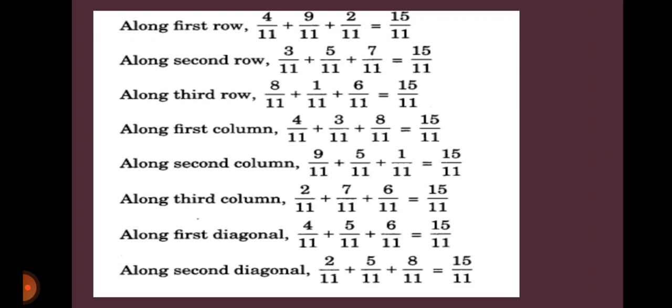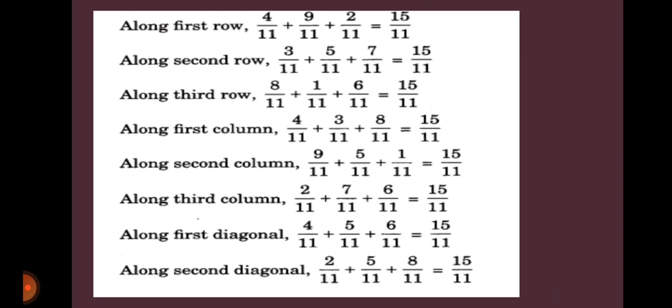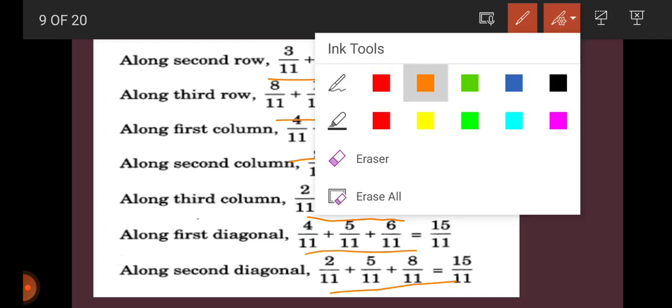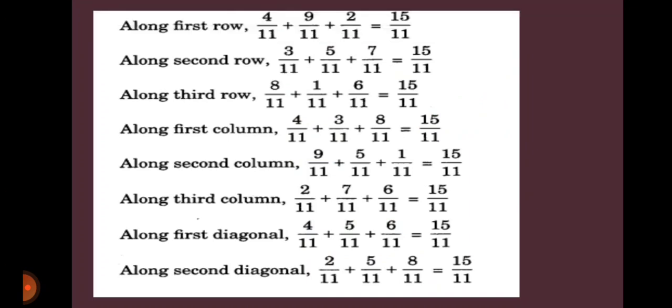We do this question: first row, second row, third row, and first column, second column, third column, and then we add our diagonals, and all are the same. 15 by 11, 15 by 11, 15 by 11, because this is in like fractions form, and for like fractions we don't need to take the LCM, we just add the given digits as they are.